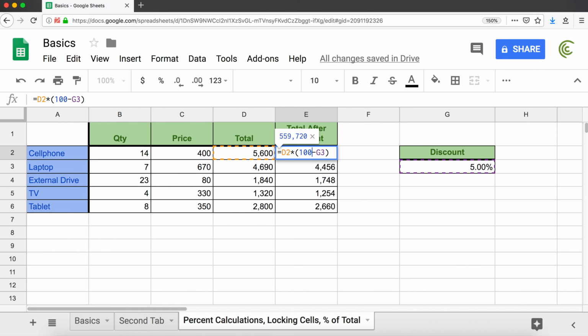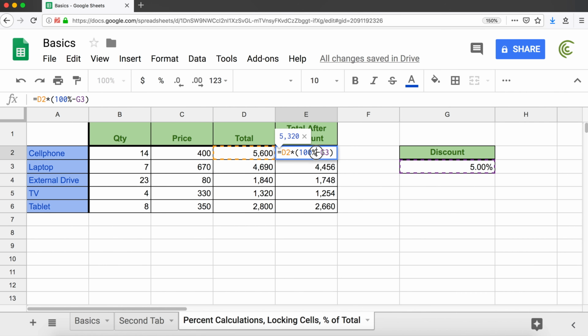So 1 is our 100%. So this is similar to saying 100% here. And by the way, you could do that as well. Oops. Let me fix that. 100%. And if I do this, that works. So what I'm saying, we have 100%. We're going to do minus 5%. And that's going to get us to 95%. And then we're going to multiply this by 95%.